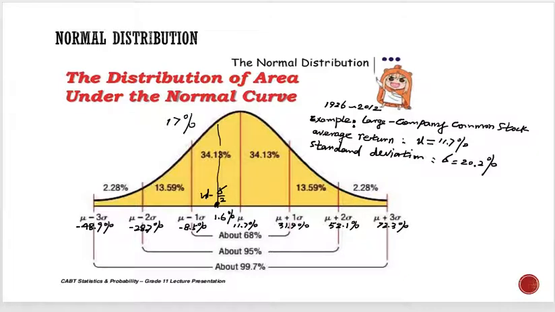So 17% plus 50%, we got 67%. What does this mean? Why do I care about this point? Because at this point the return is at least very close to 0. That means we at least earn some money.